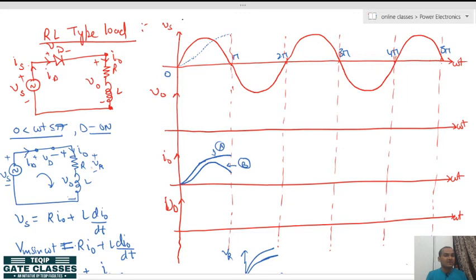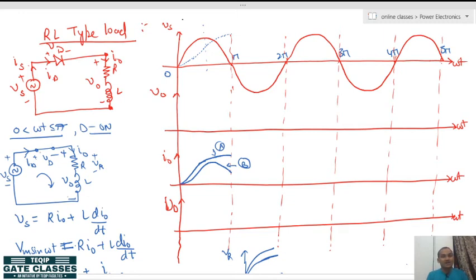Now see one thing here, what is the property of the sine wave? Before pi by 2 its slope is rising, positive, and after pi by 2 its slope is negative, falling. Since the current is always rising, till the point the source voltage is greater than the resistive drop, this diode will remain forward biased.